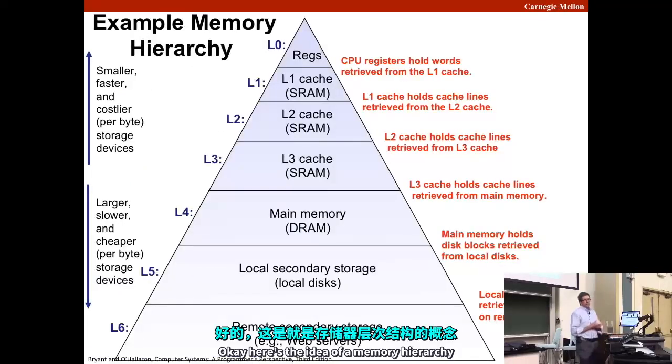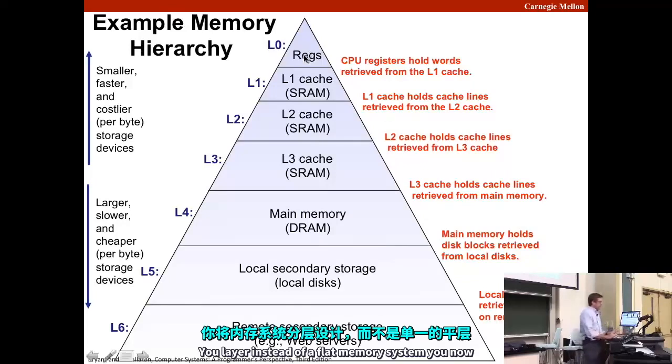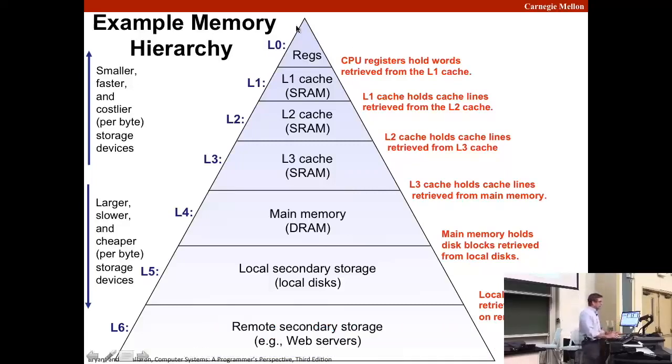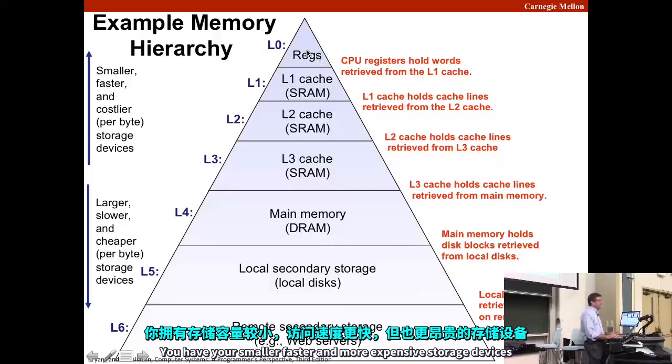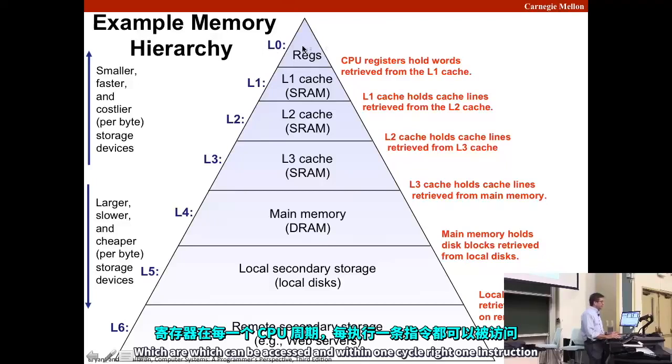Here's the idea of a memory hierarchy. Instead of a flat memory system, you create your memory system as a hierarchy of devices. At the top of this hierarchy, you have your smaller, faster, and more expensive storage devices. At the very top, you have registers, which can be accessed within one cycle.